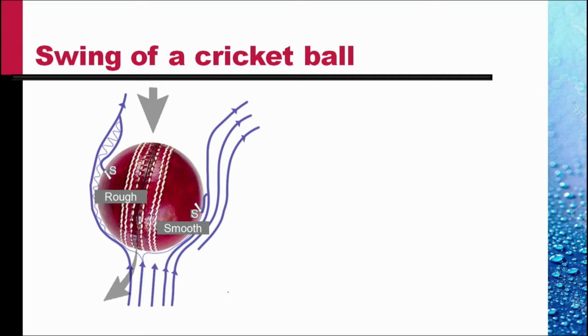On the right side, which is the smooth side, the ball does not meet the seam, and so the transition does not occur. It's a smooth side, so flow remains laminar. And because the flow is laminar, the separation takes place early.